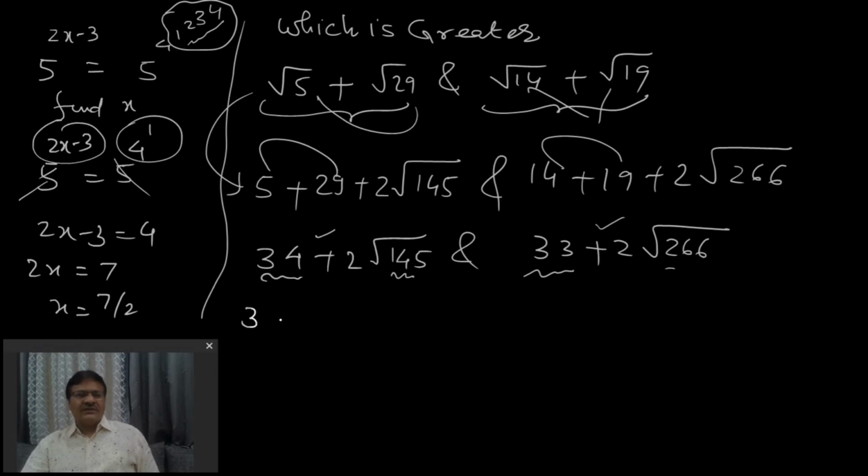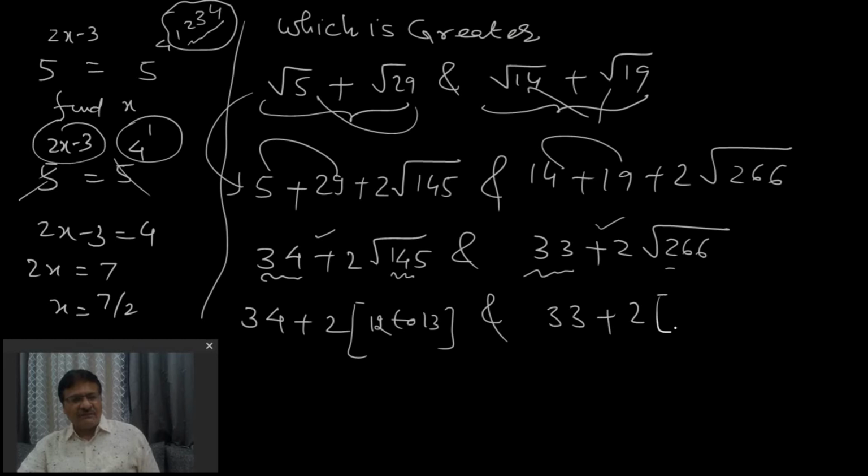Now in 34 plus 2 root 145, this root is between 12 and 13, because 12 square is 144, 13 square is 169, and this 145 is somewhere between 144 and 169. Yes, guys? Now 33 plus 2 root 266, 256's root is 16, so I can say it is somewhere between 16 and 17.